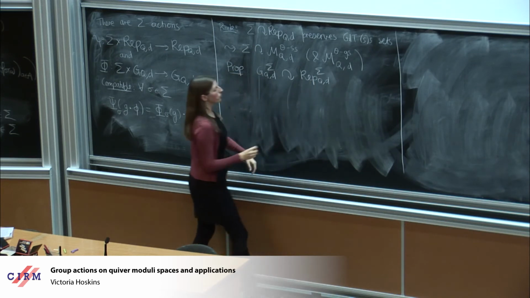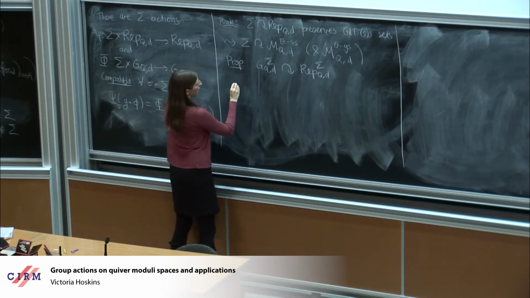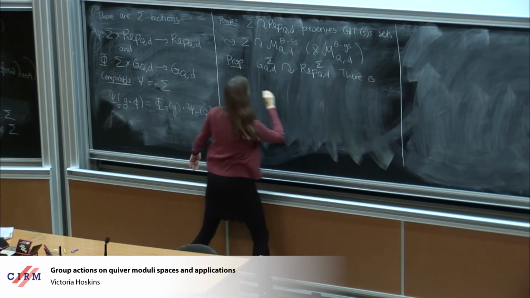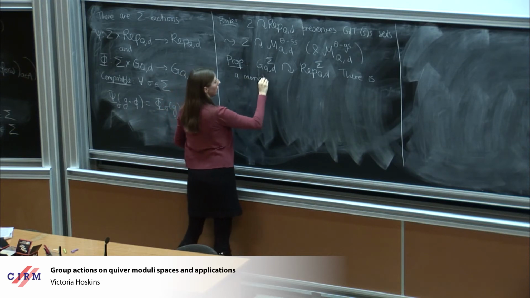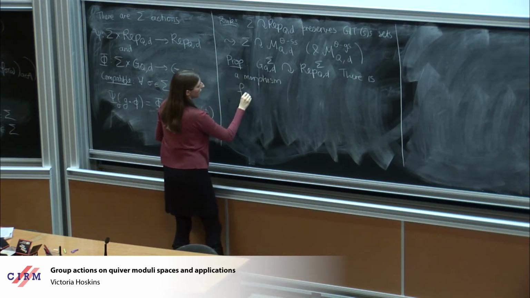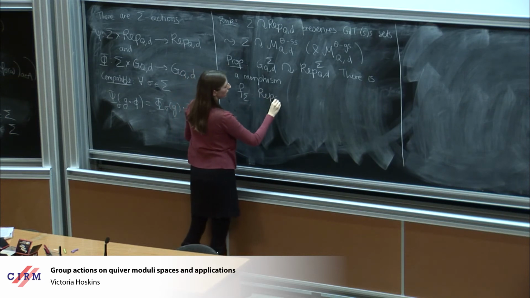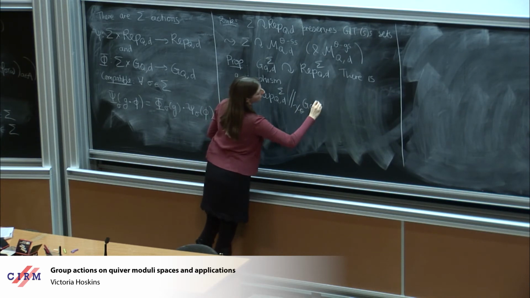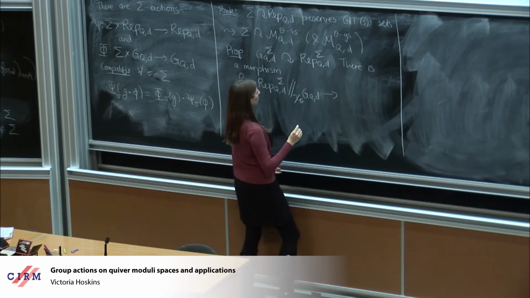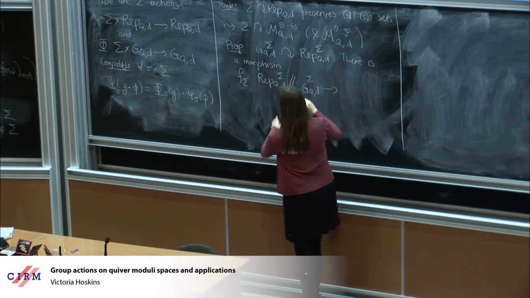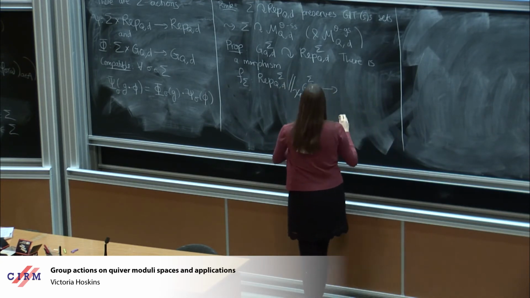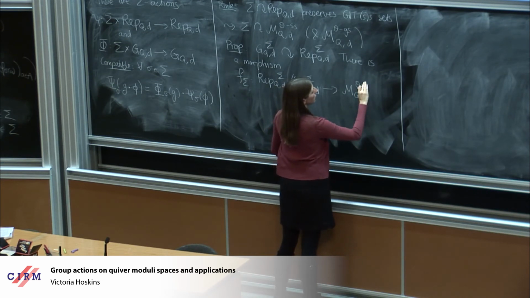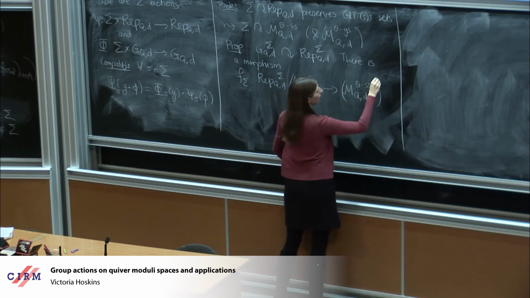And so we can take the GIT quotient, and in fact, there is a morphism going from the GIT quotient for the fixed subgroups to the fixed locus in the moduli space.